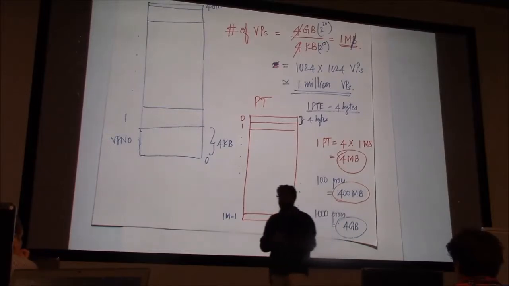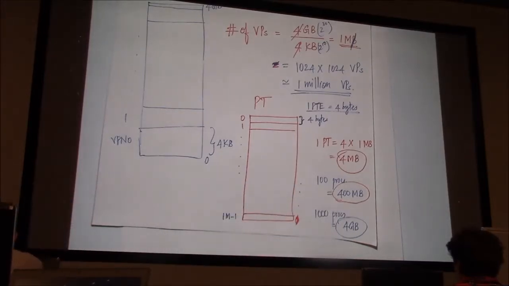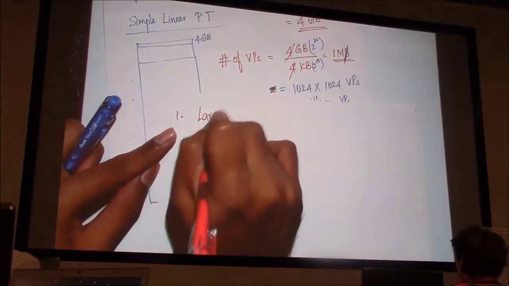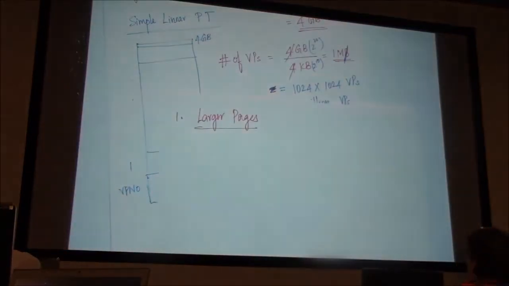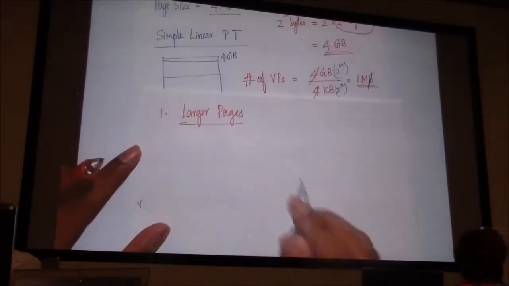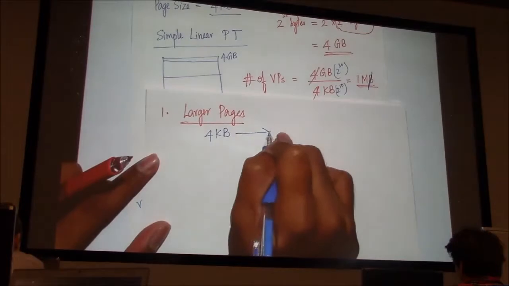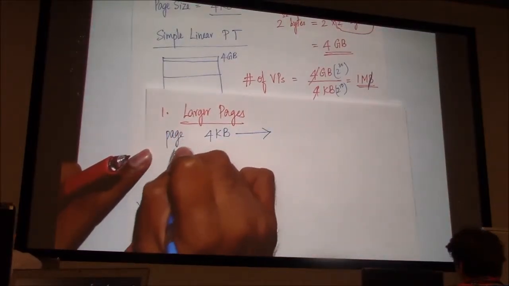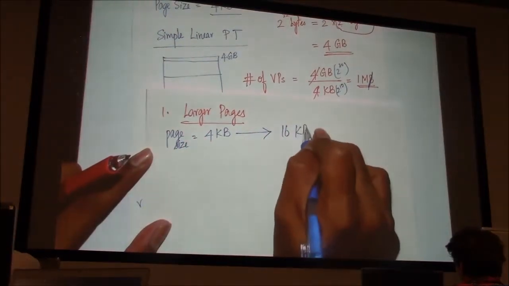Make pages larger. Exactly. So we can reduce the number of page table entries in a page table by just having larger pages. What we mean here is, instead of having 4 KB, what if we change this page size from 4 KB to, let's say, 16 KB?